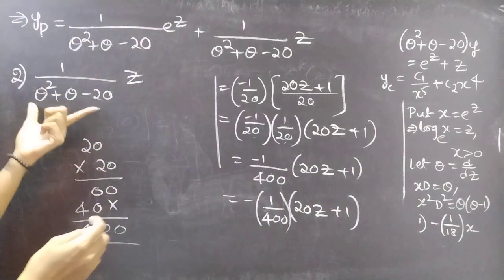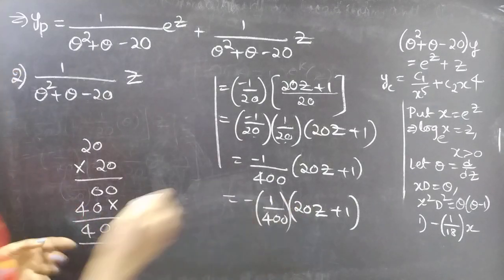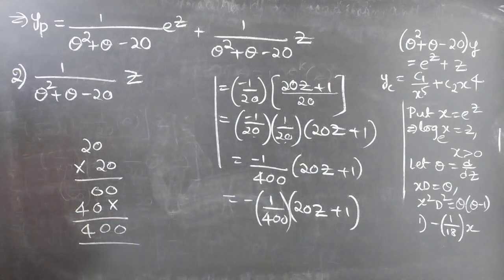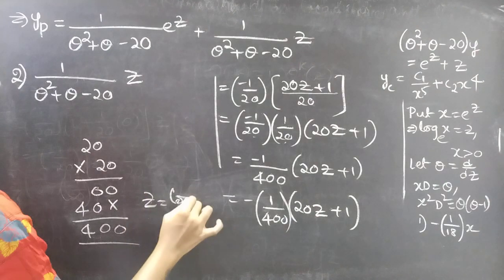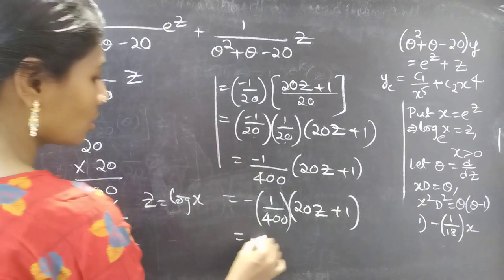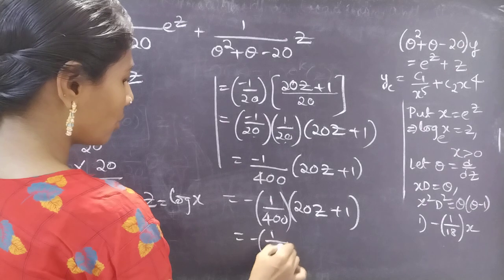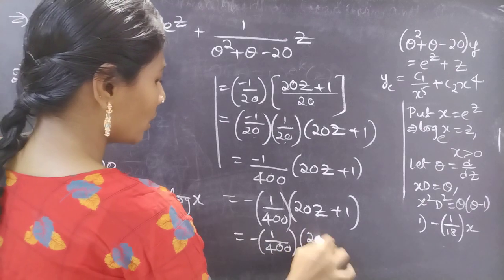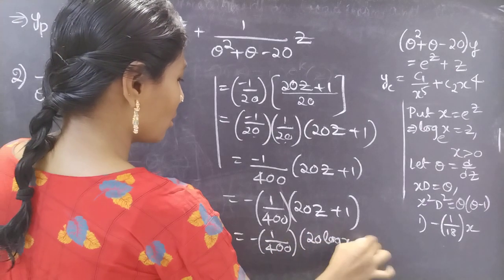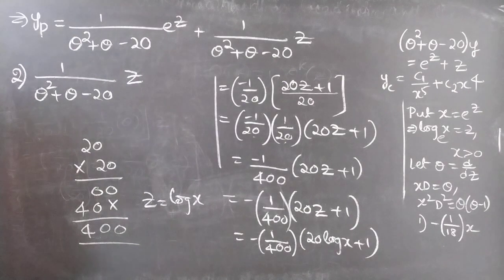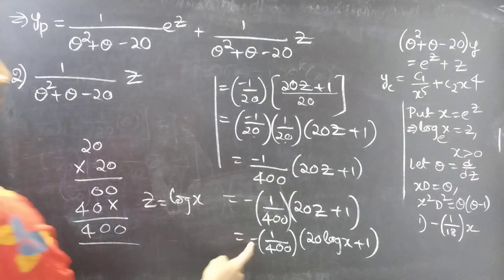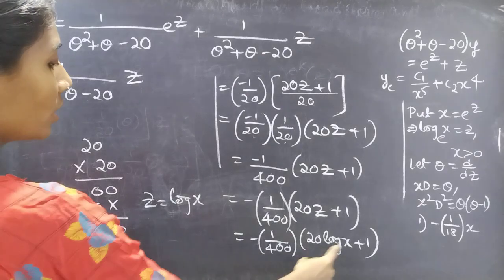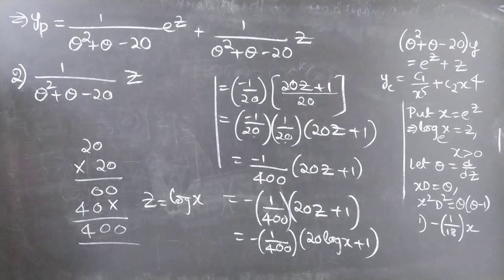Since we are having the second term in terms of z, we need to write it in terms of x. So we'll replace this z by log x. Then this becomes minus 1/400 into (20 log x + 1). Therefore, the result obtained from the second term is minus 1/400 into (20 log x + 1).